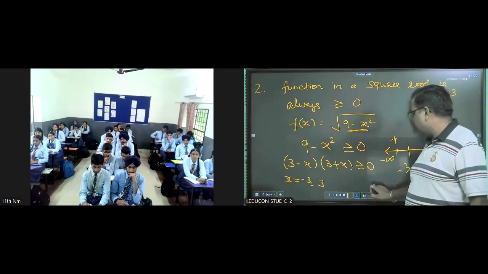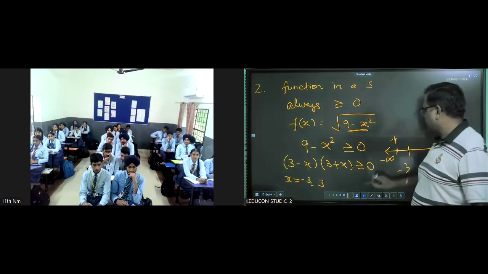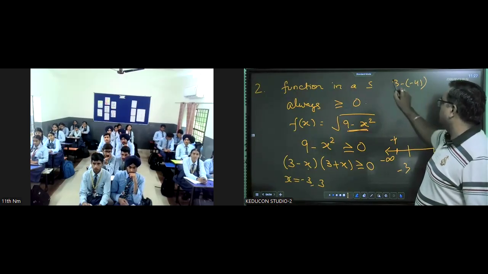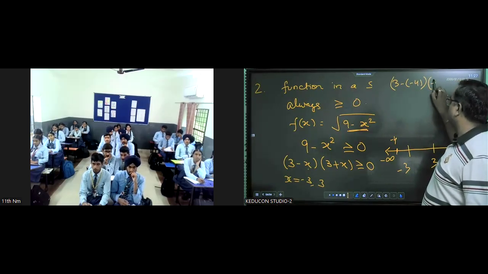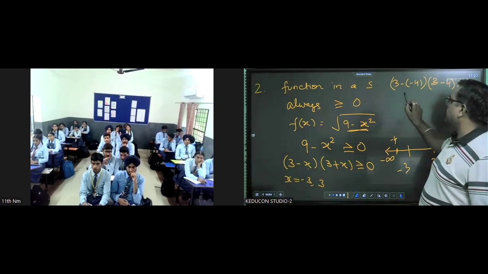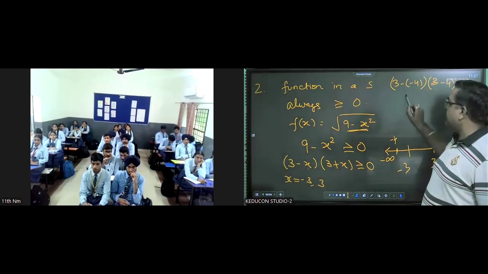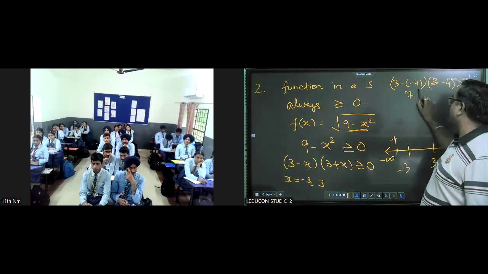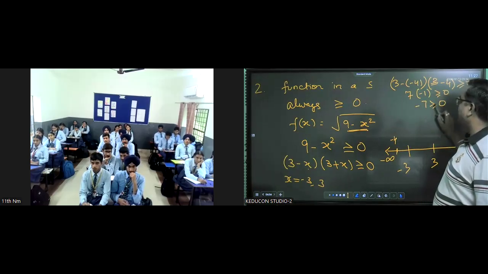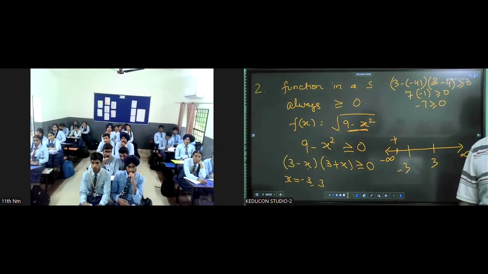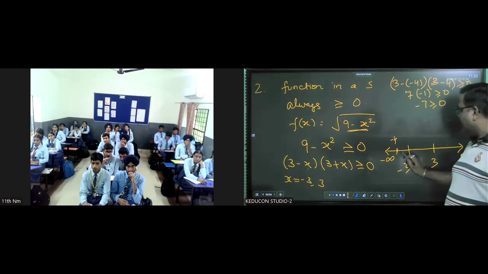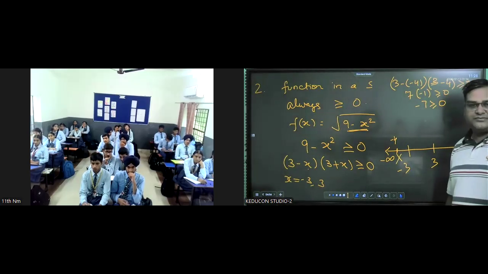See, 3 minus minus 4 becomes 3 plus 4, that is 7. Does this satisfy the result? No. So this result is not satisfied, students.